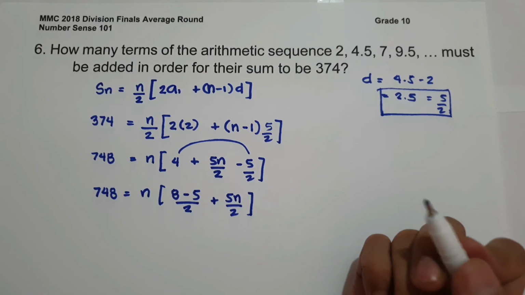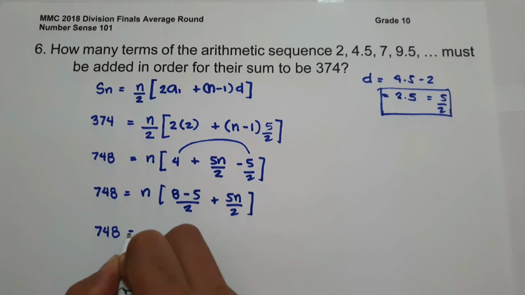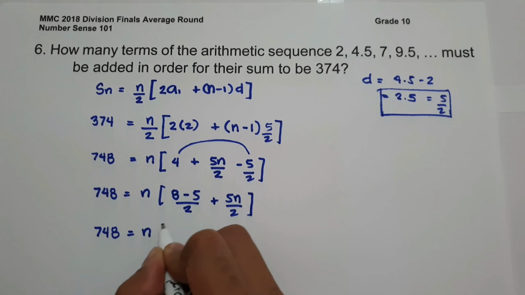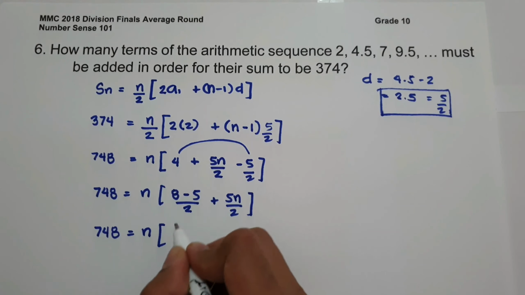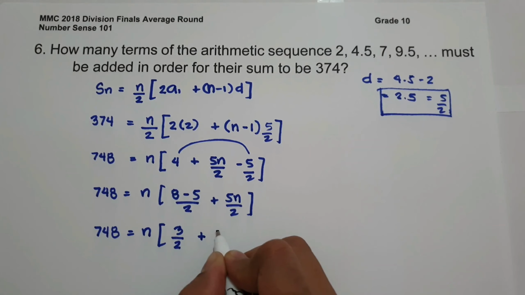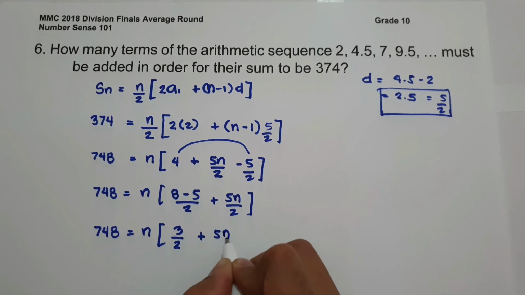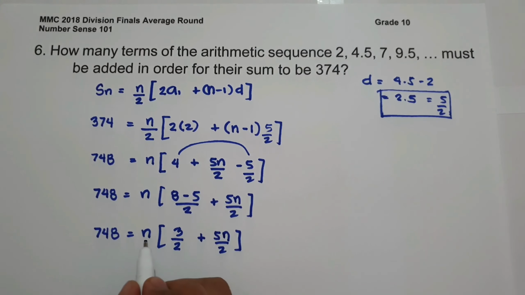And then let us simplify. Let us write 748 equals n, and then 8 minus 5, that is 3 over 2, plus 5n over 2. And then let us distribute n.